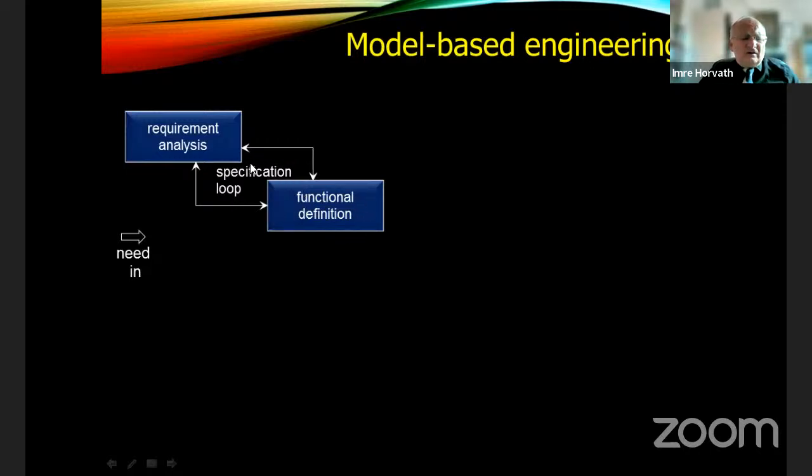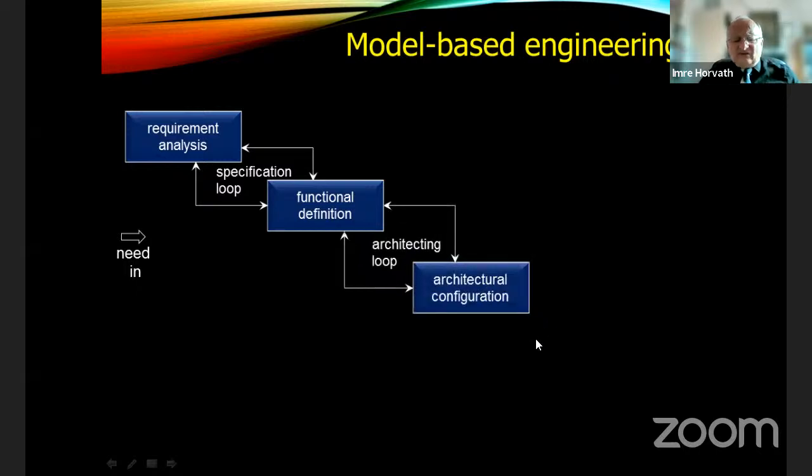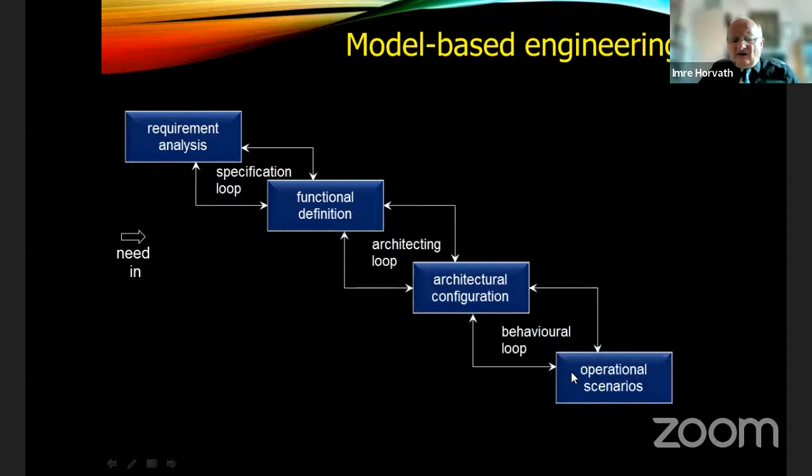The interaction between the requirement analysis and the functional definition is called the specification loop. After the functional specification, an architectural configuration action is done, often referred to as the architecting loop. After that, there is a phase about the definition of the operations based on models, mathematical representation, and so on, and this is called the behavioral loop.